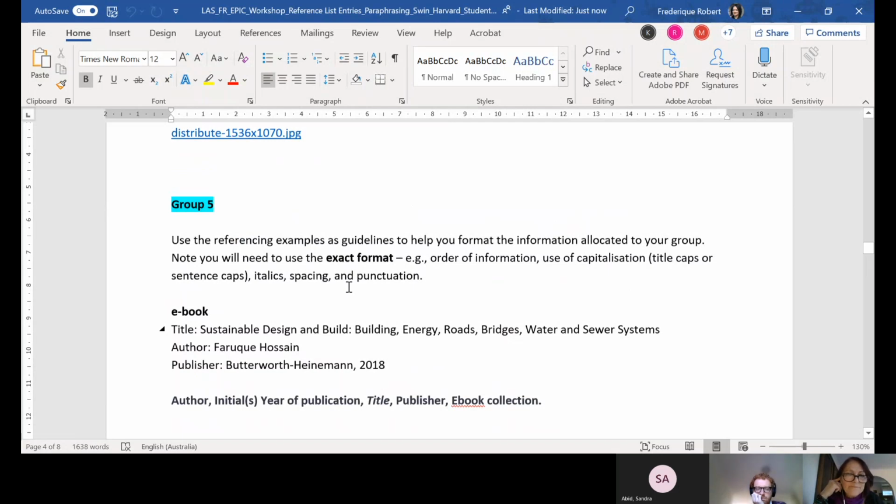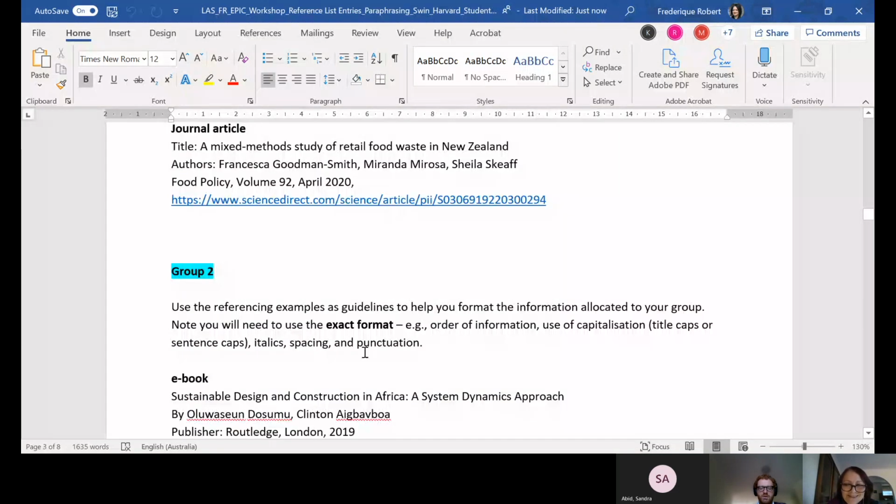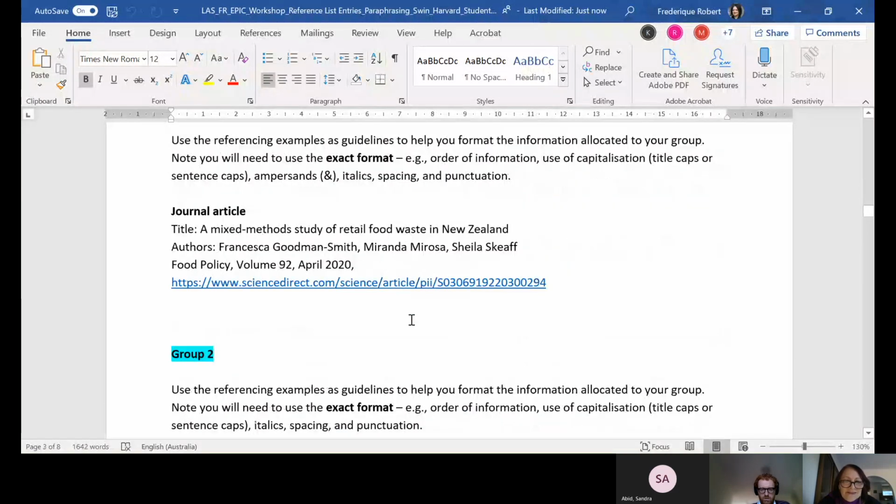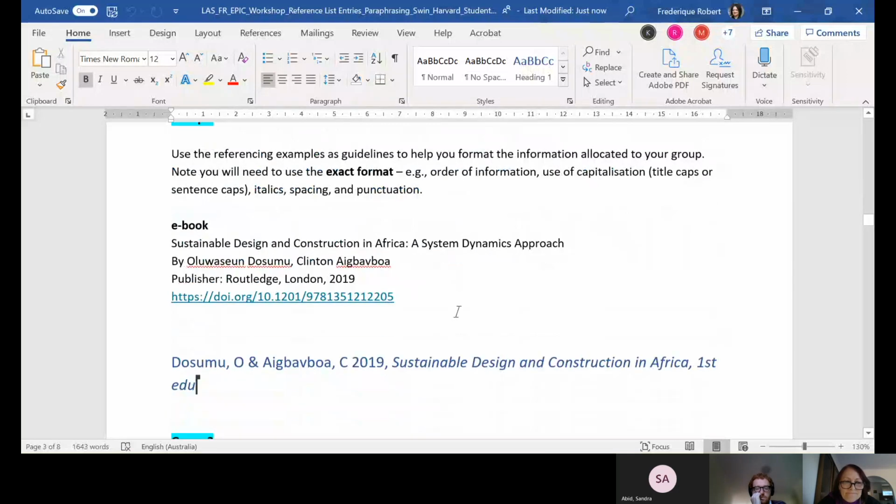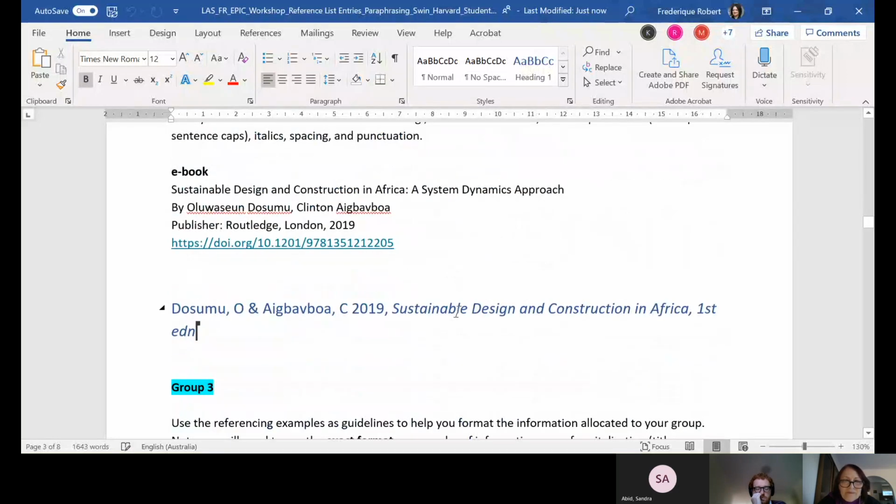So they're definitely not finished. One group, telling one group to put it on the shared document. Yep. Oh, cool. Okay.